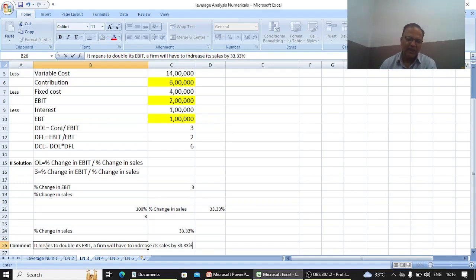It means if a firm increases its sales by 33.33%, then its EBIT will be double. So this is the final comment.